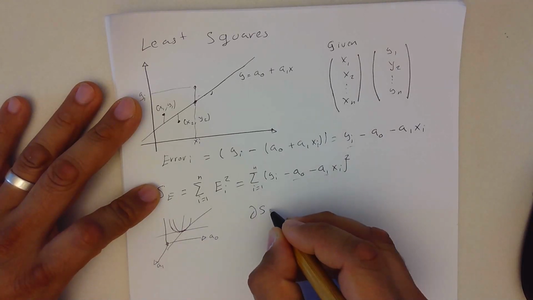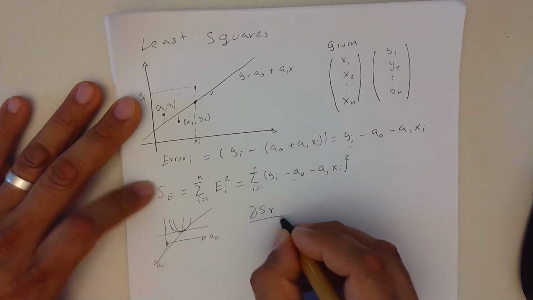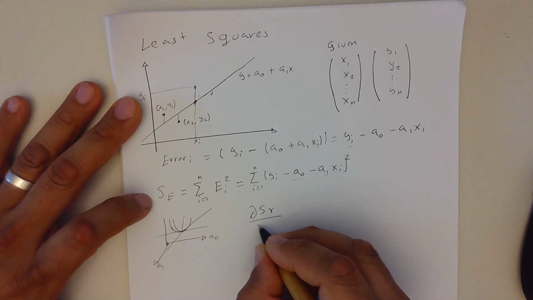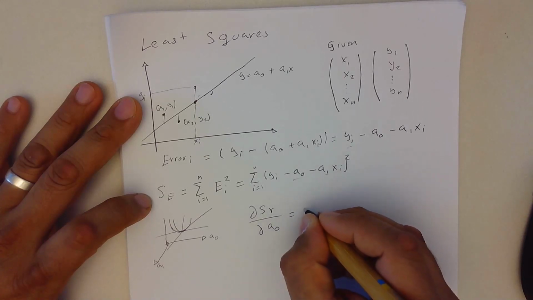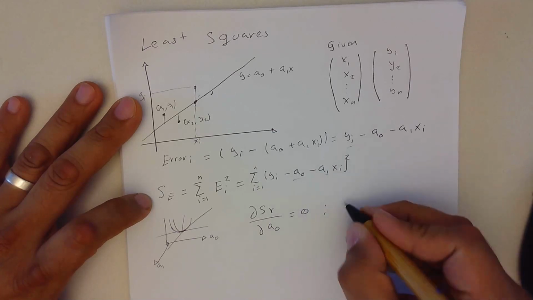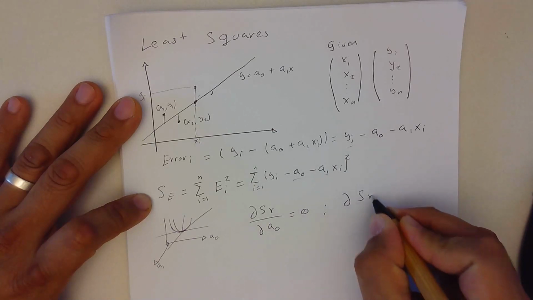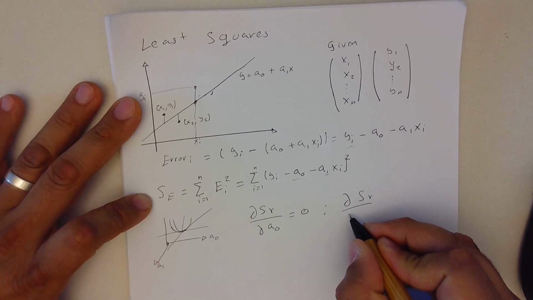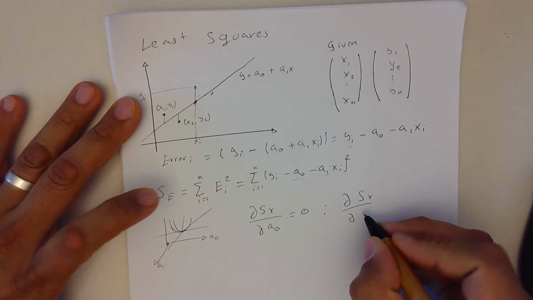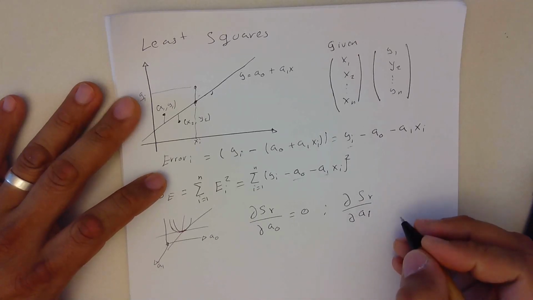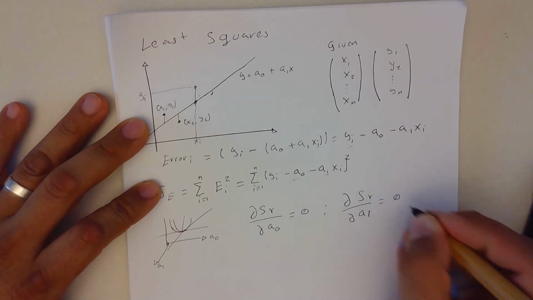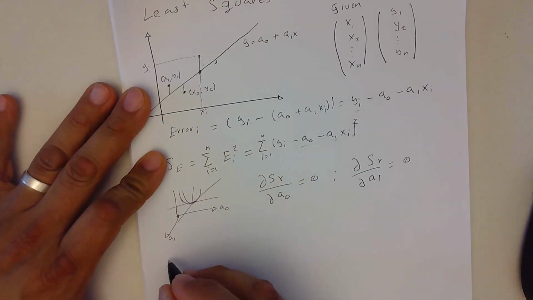So the partial derivative of the sum of the squares of the errors with respect to a0 must be equal to 0. The same thing we have to do for the partial derivative of the sum of the squares of the errors with respect to a1; it must be 0. So we calculate it like this.